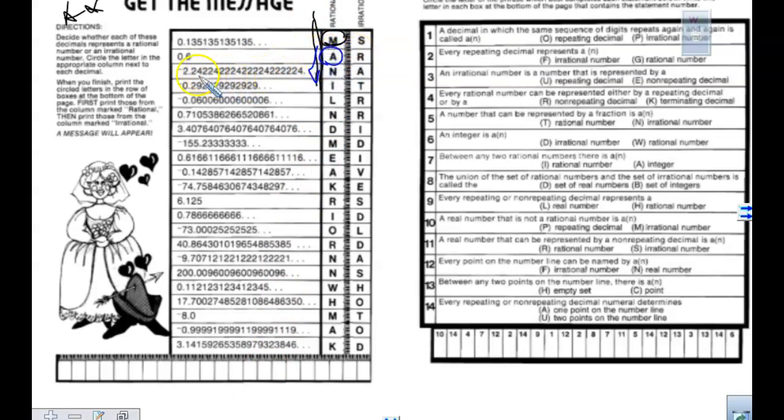Oh, if I look at this one, 2, 4, there's not a repeat but a pattern. That goes over here. I am not going to put that letter. I'm going to put the first letter M. I'm going to put the second one A. And now I have to wait to see if I have another one circled here. This A will not be written until I've gone all the way to the bottom here and then come up.